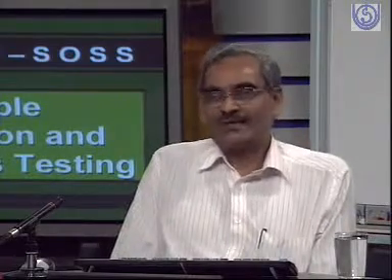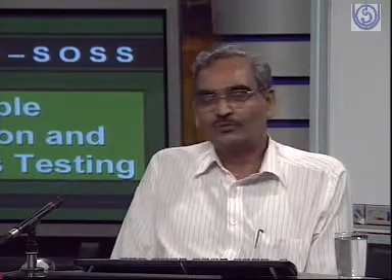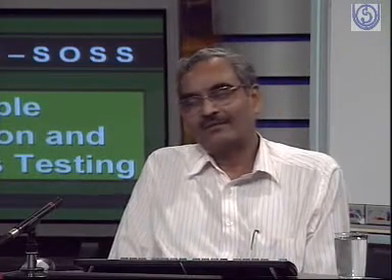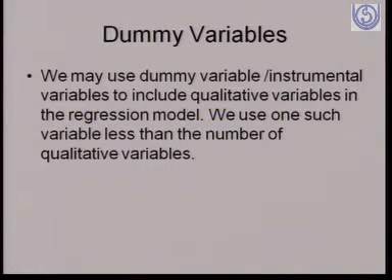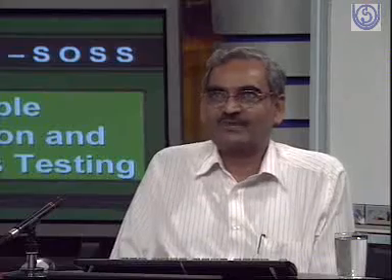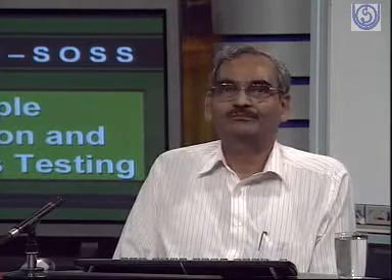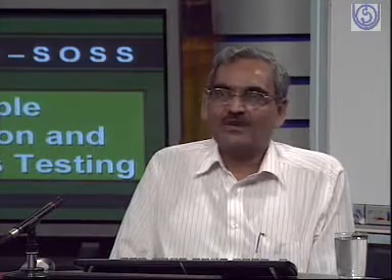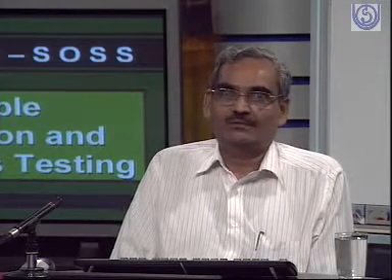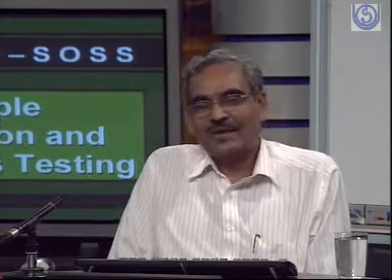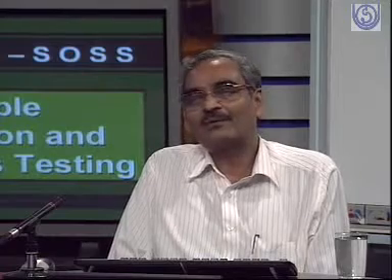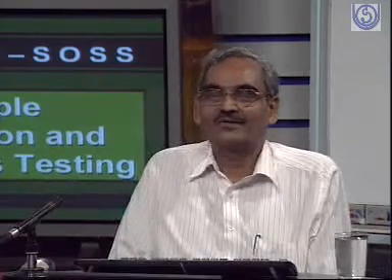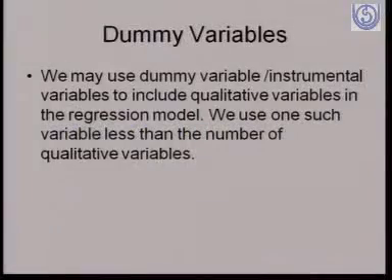There's one more thing which we can do with multiple regression. Prakash had pointed out that some of the variables may not be precisely measurable. There may be some qualitative variables which play an important role. For that, the multiple regression model permits us to make use of dummy variables or instrumental variables.